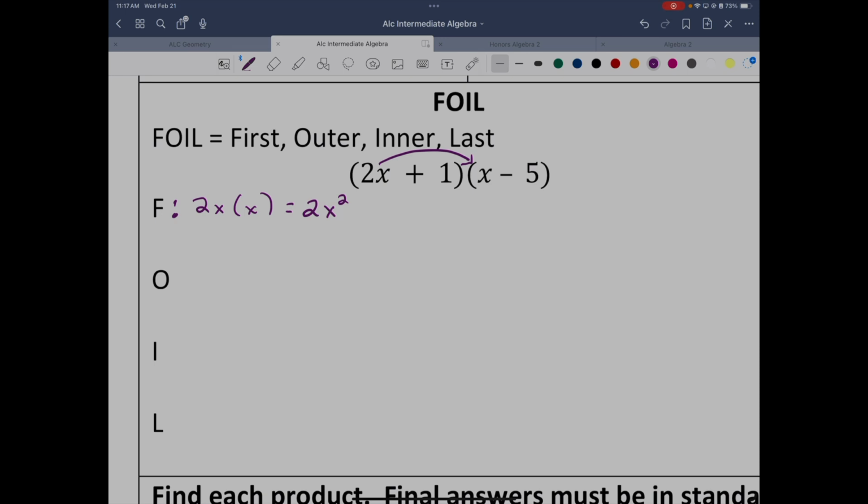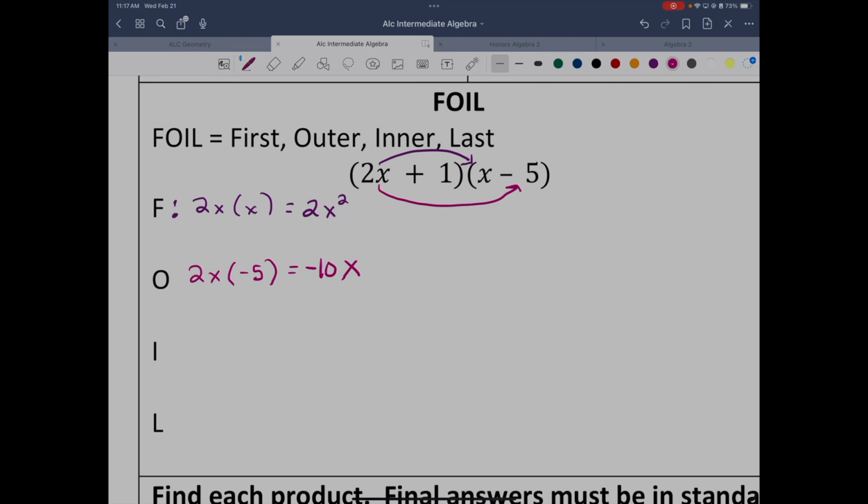O stands for the outer terms. So the outer terms are 2x and negative 5. I'm going to multiply 2x by negative 5. Multiply the numbers together. 2 times negative 5 is negative 10, and then we bring the x along.